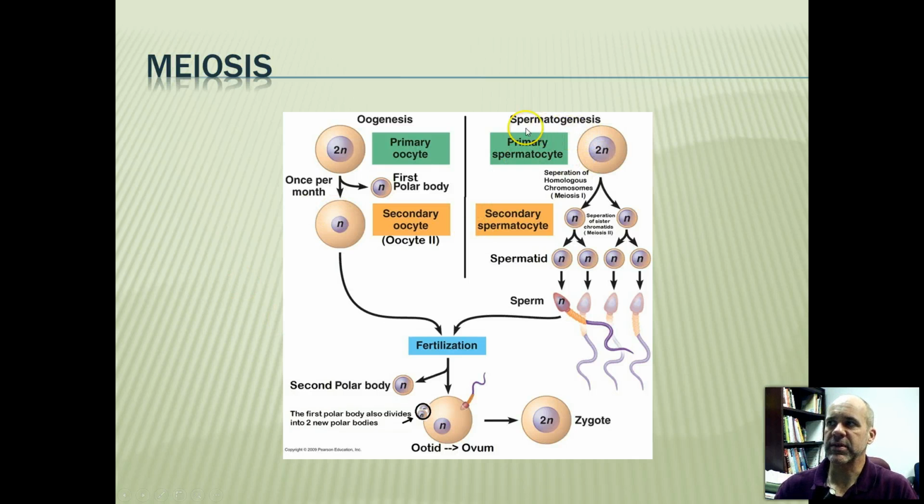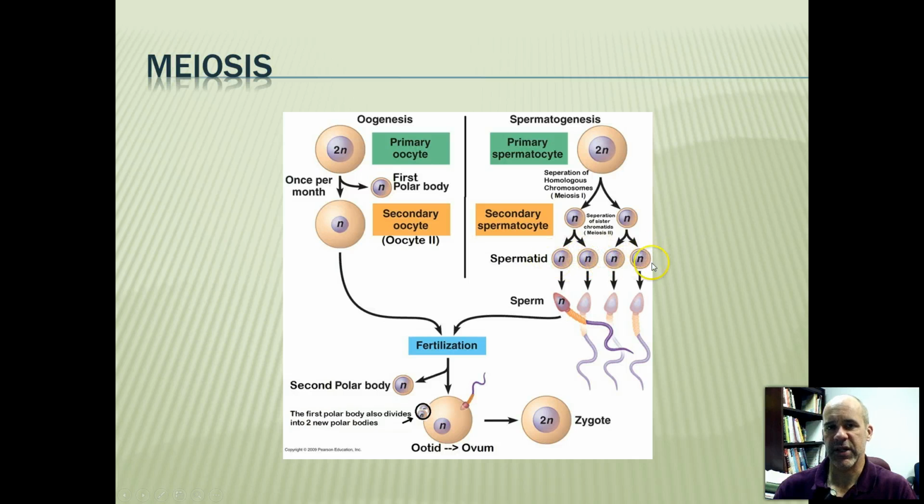All right, over on the sperm cell side, you have primary spermatocytes that have 46 chromosomes in them. They're diploid. And each of those undergoes meiosis 1 and becomes two secondary spermatocytes. Each of those undergoes meiosis 2 and becomes what's called a spermatid.